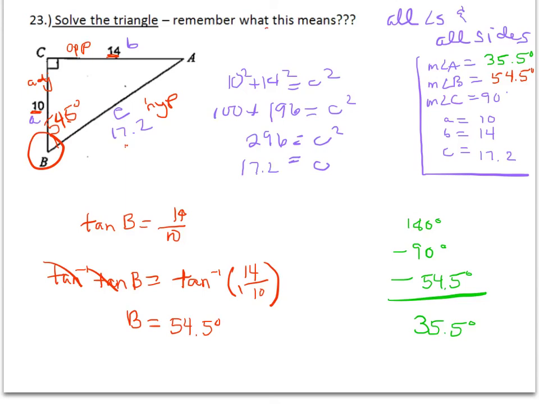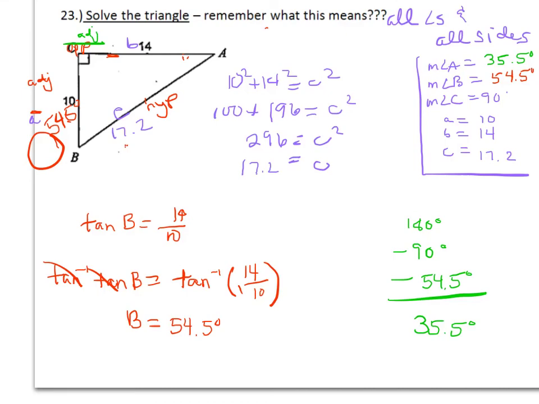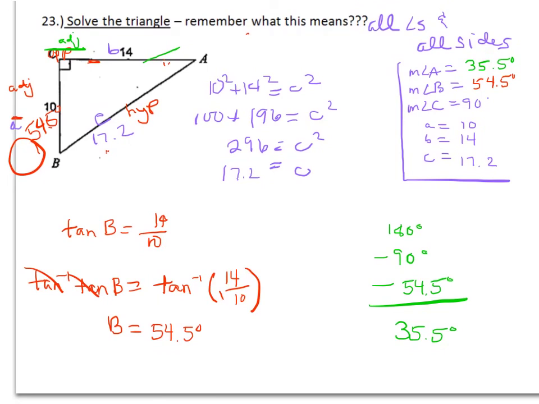The only way you get angle A's answer for angle B would be if you accidentally made 14 adjacent and 10 opposite, and then did tangent angle B equals 10 over 14, which wouldn't be correct for angle B. That's correct for angle A. So if you put your opposite, adjacent, and hypotenuse in the wrong spots, you'll have messed up angles and side lengths.